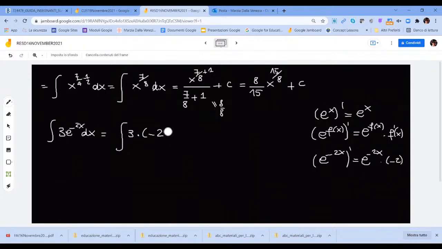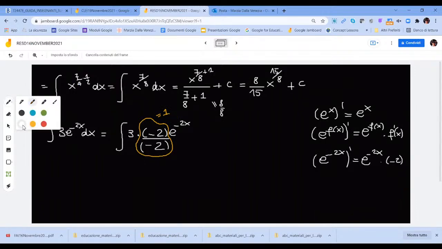We should multiply by minus 2 in order to obtain the derivative of e to the minus 2x, but of course we cannot put inside an integral some number without balancing it as a fraction. That means we are multiplying by 1, I'm sorry. This is equivalent to 1. That is, if we multiply by 1, the integral doesn't change.